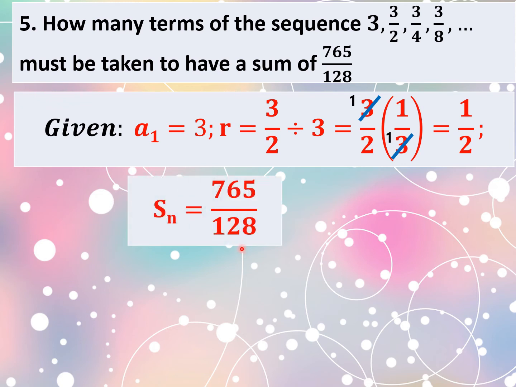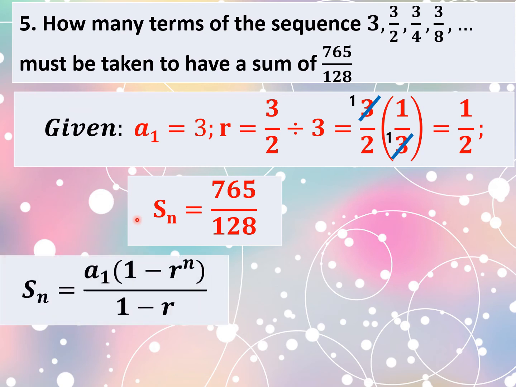And then, ang given natin na S of n is equal to 765 over 128. So, dito, wala tayong value ng n. Ang hahanapin natin ay yung value ng n kasi hindi natin alam kung ilang terms ang dapat i-add para makuha yung 765 over 128.